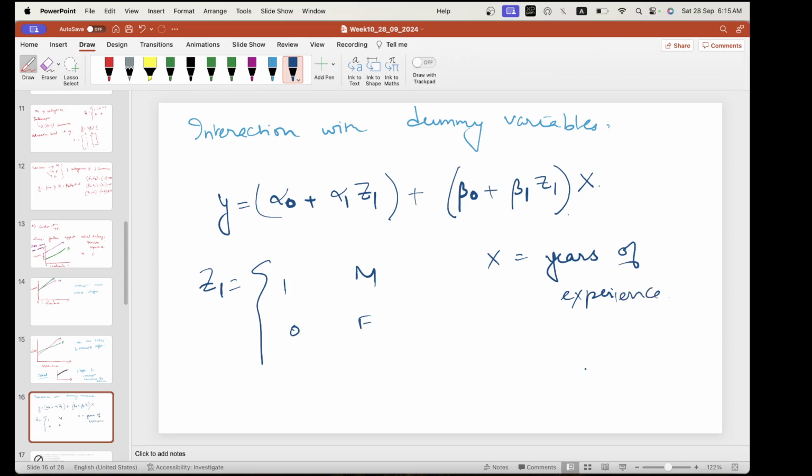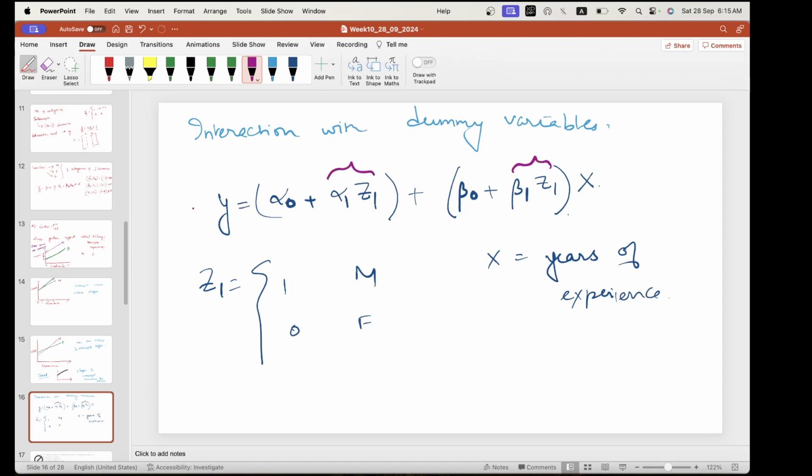All right, so now if this is our model, here are the interaction terms: alpha 1 z1, this one and this one.